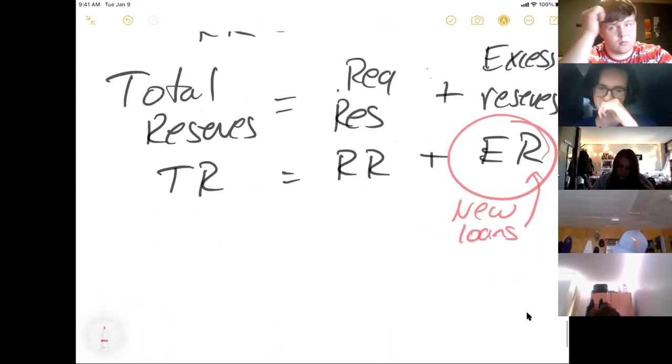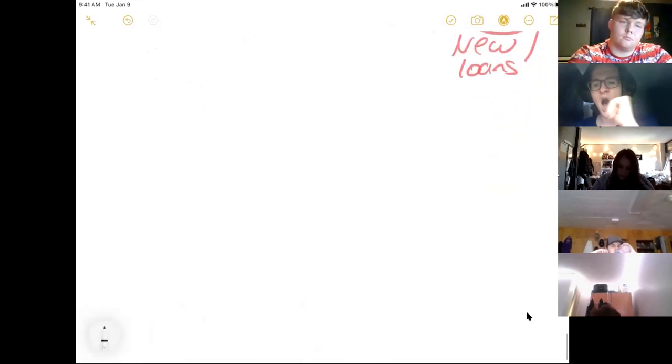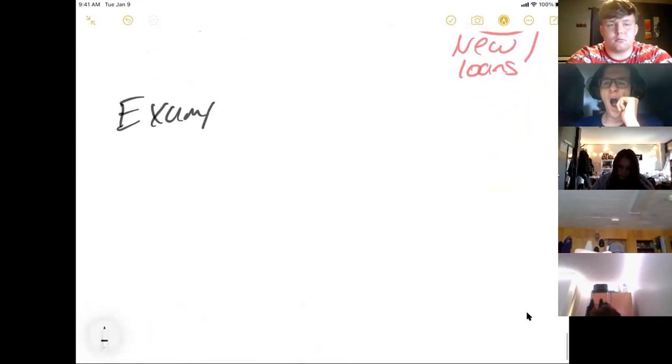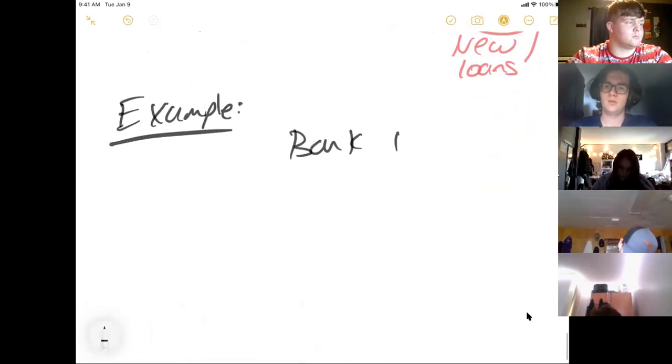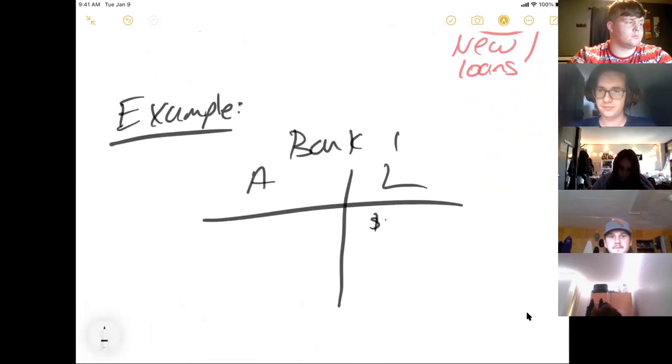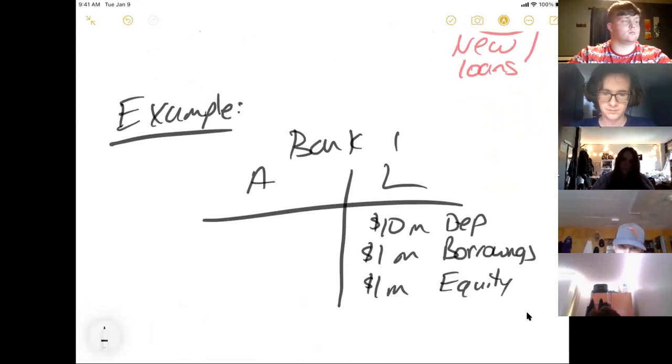Okay? Let's make sure that we understand this with a little example. Here we have Bank One, and here's their balance sheet. They have 10 million in deposits, 1 million in other borrowings, and 1 million in equity. That's how they've raised money.